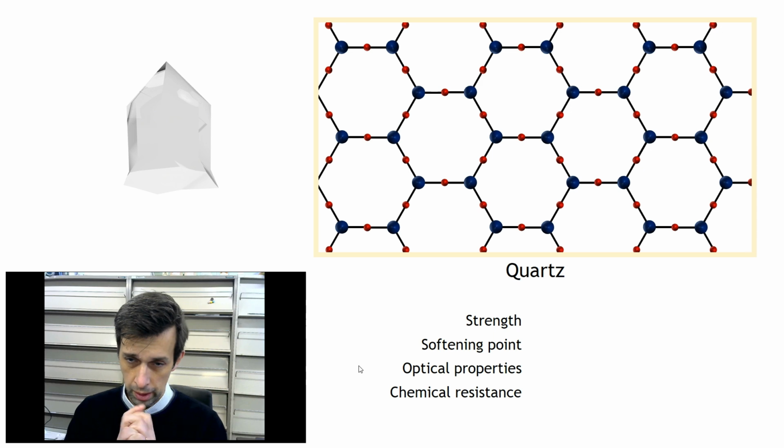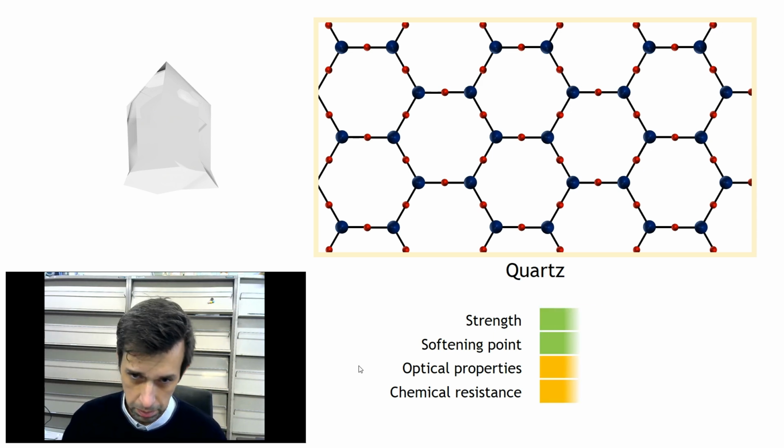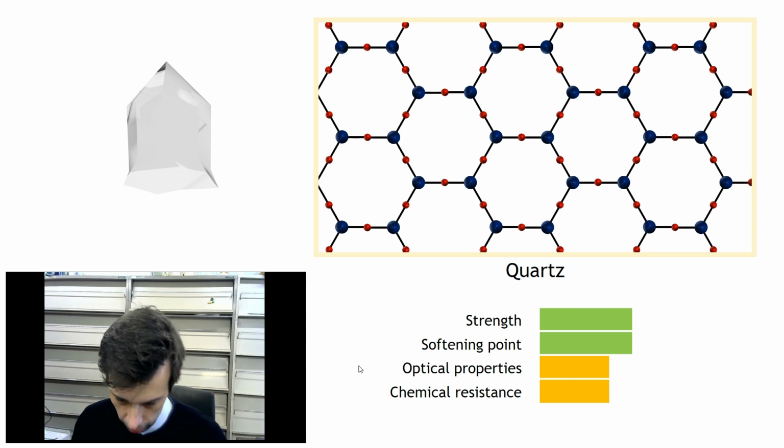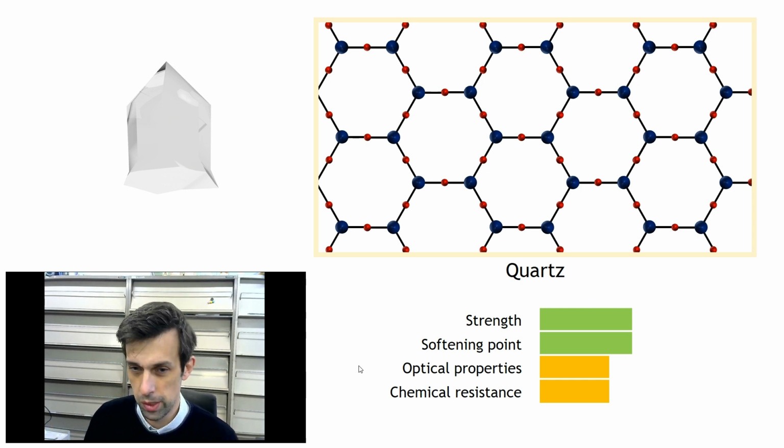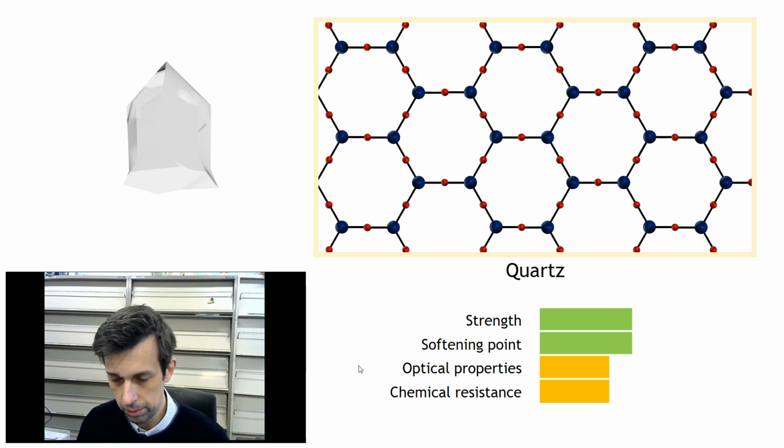Okay? And if we look at quartz and discuss its properties, well, quartz is pretty strong as a ceramic material. Its softening point is very high, meaning that it takes quite a lot of energy to melt quartz. Its optical properties are good, and its chemical resistance is also good.